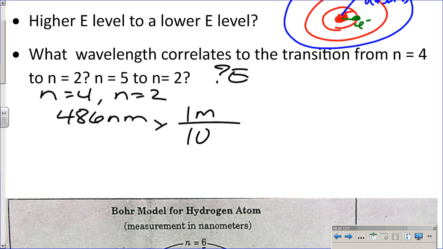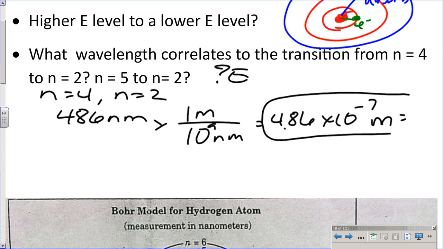So 1 meter, 10 to the 9th nanometers, gets you 4.86 times 10 to the negative 7 meters. All right, so we have currently wavelength. I like to recognize what variable it is, because then the formulas start to pop out in your head. Gage, what formula am I using next? I only have wavelength.